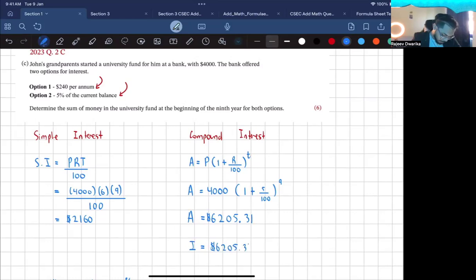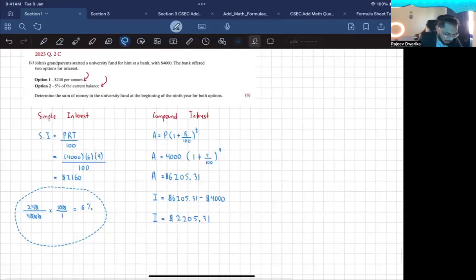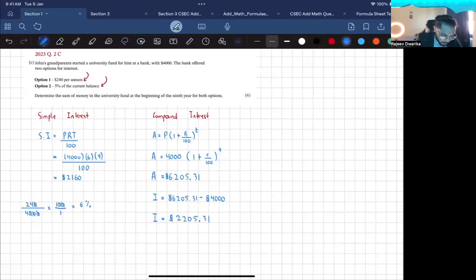And so which is the better option? Simple interest or compound interest? Which one had the most interest? Compound interest. Right.